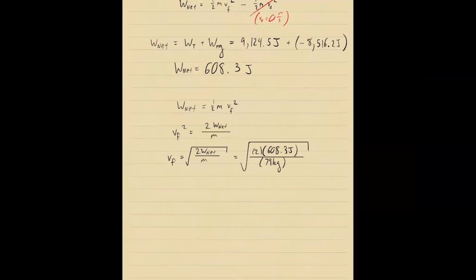When we punch that into a calculator, the final velocity of this person after we've lifted them up a distance of 11 meters is going to be 3.92 meters per second. And so that's the final answer for this problem.